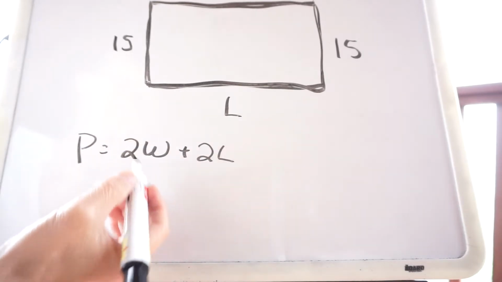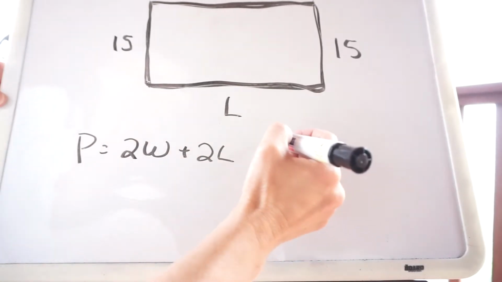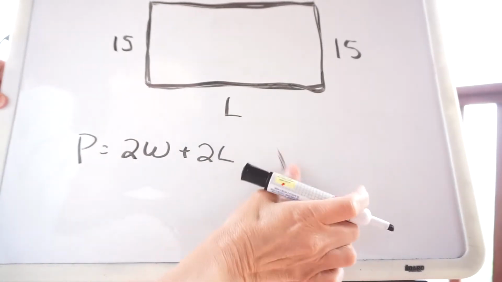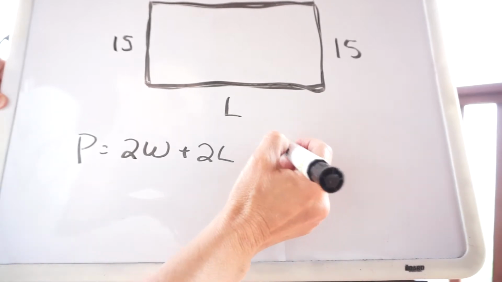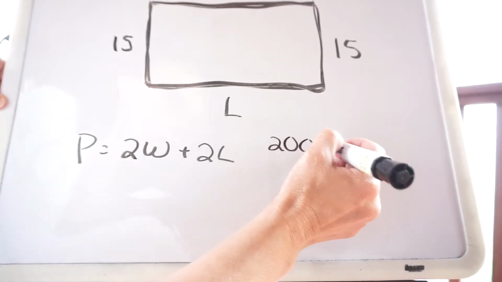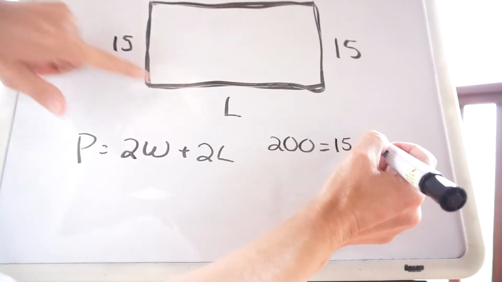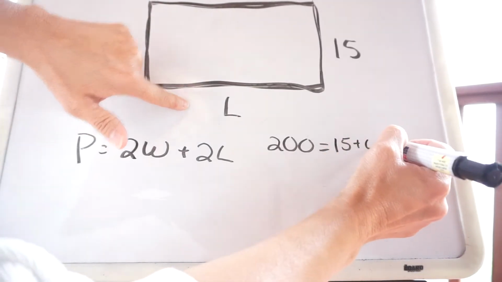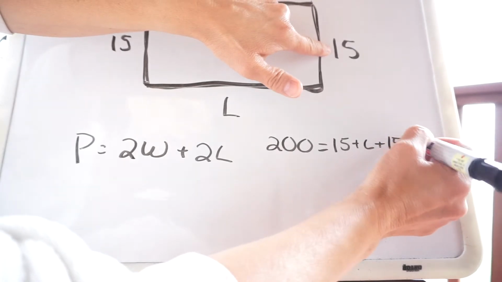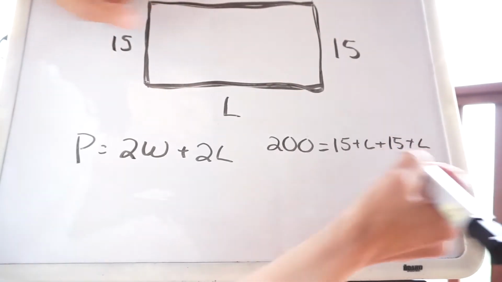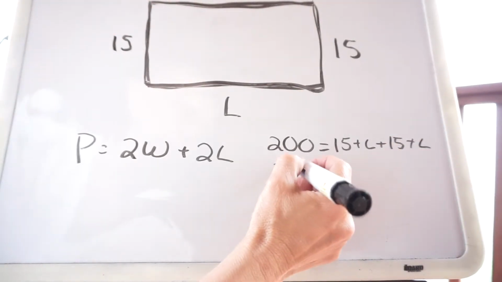So that's another way you could have done it: the perimeter, which we know is 200, is equal to this side plus this side plus this side plus this side.